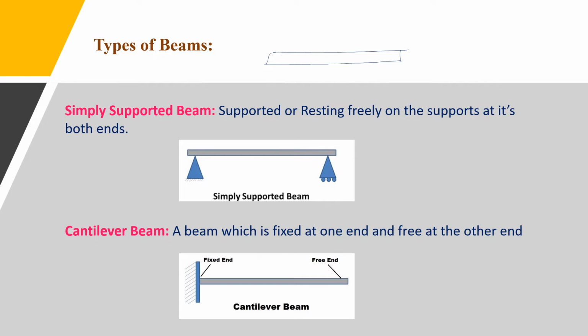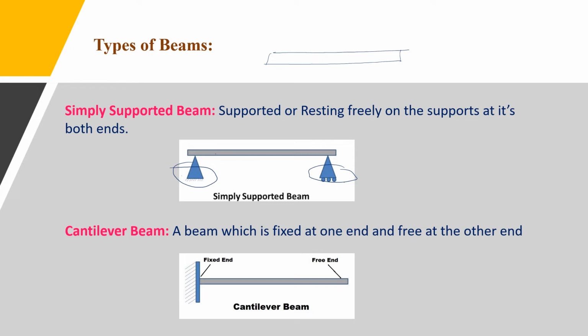In this figure, you can see this end is hinge support or pinned support and this support is roller support. The beam is placed between the two end supports. One end is hinge support and another end is roller support. Means it is supported or resting freely on the two supports at its ends.